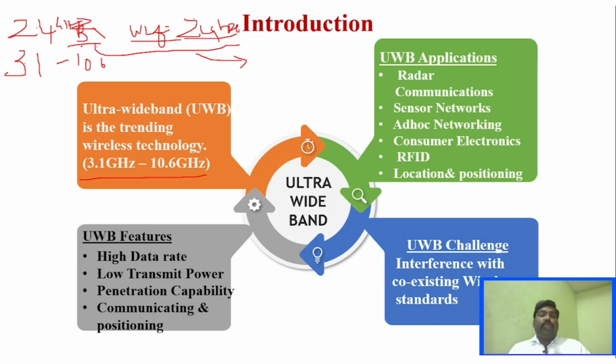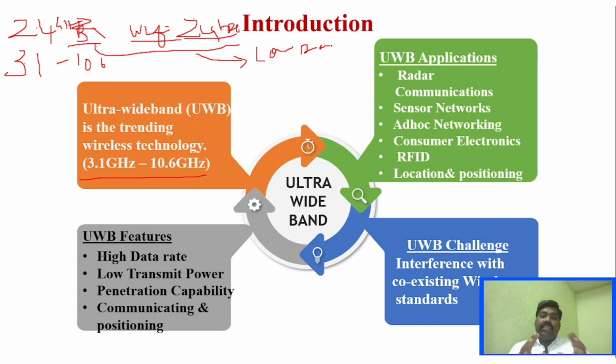But it is a very powerful technology because it covers short range, wide bandwidth, and apart from that, it consumes very low power, which makes it very vital for many applications like logistics, manufacturing, and healthcare. You have lots and lots of applications.